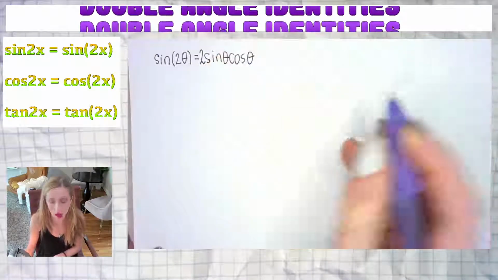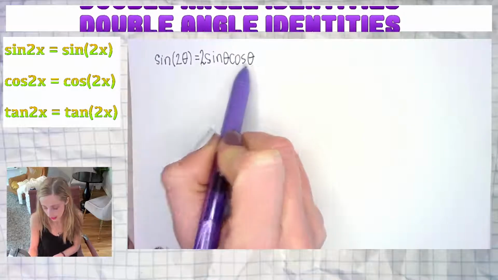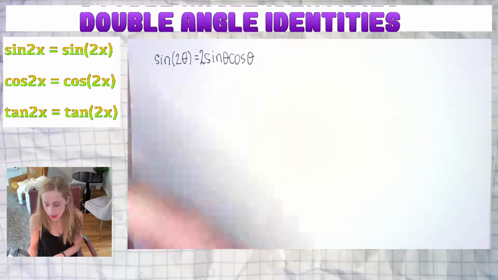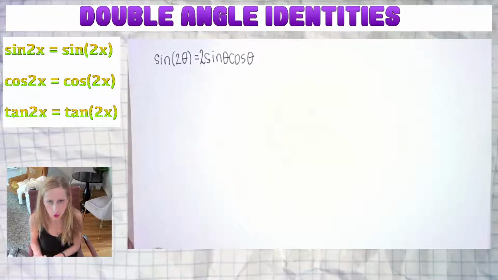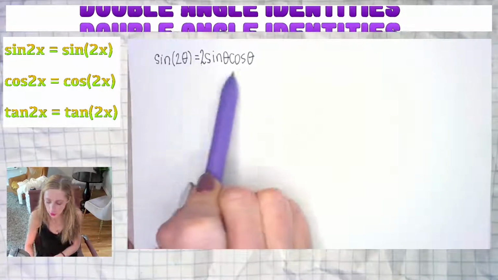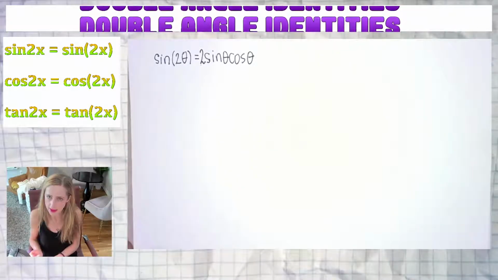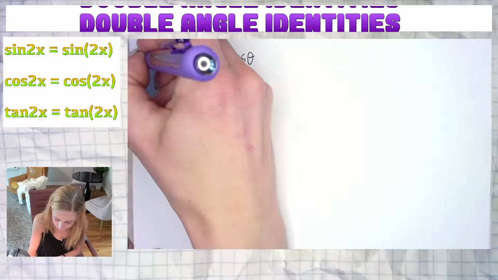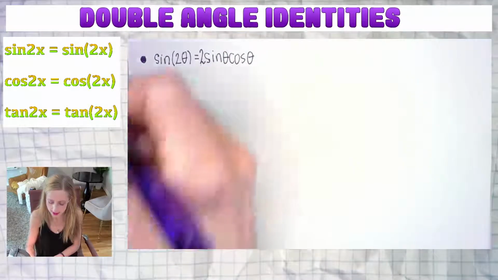So this is the product of three things, the 2, sine of theta, and cosine of theta. These are equivalent, interchangeable. So anytime you have this and you're solving an equation or doing an identity or whatever it may be, you can swap it out for that. Or vice versa. Maybe you have this and you only want sine in your answer, so you rewrite it like that. So that is the sine double angle identity, and you're going to memorize that.